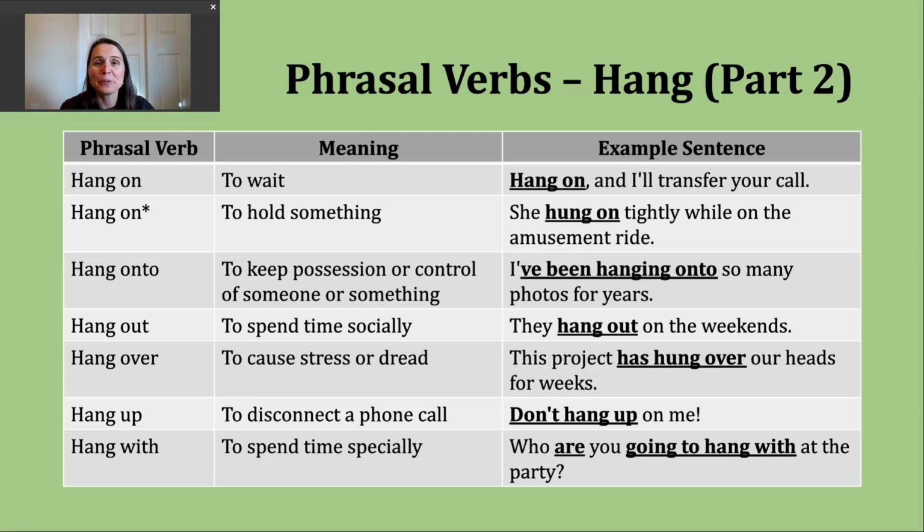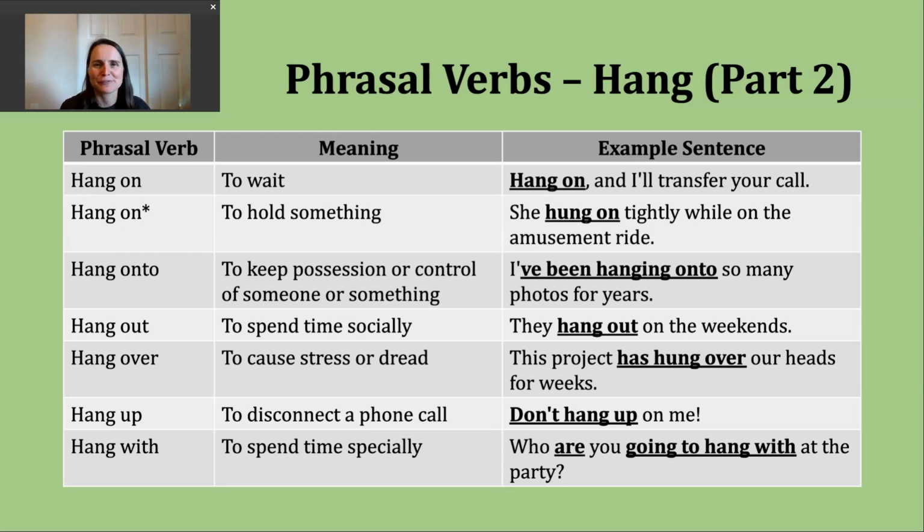The next phrasal verb we'll look at is hang up. This is used to refer to disconnecting a phone call. An example of this, don't hang up on me, right? So here's another imperative. This is a negative command. I'm telling someone, do not disconnect this phone call.